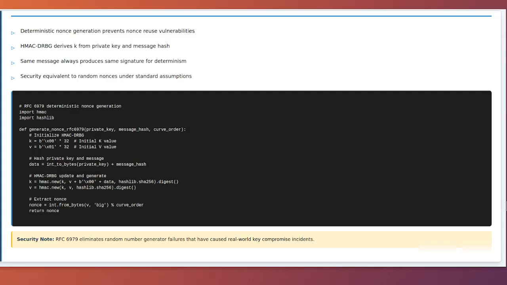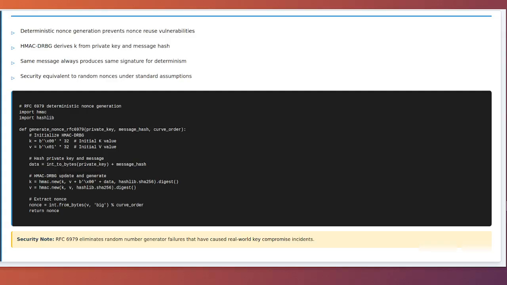However, it places enormous trust in the random number generator. If the RNG is weak, predictable, or compromised, the entire signature scheme breaks. Furthermore, even with a good RNG, there is always the risk of implementation bugs that might cause nonce reuse in edge cases, such as when forking processes, duplicating state, or dealing with faulty hardware.